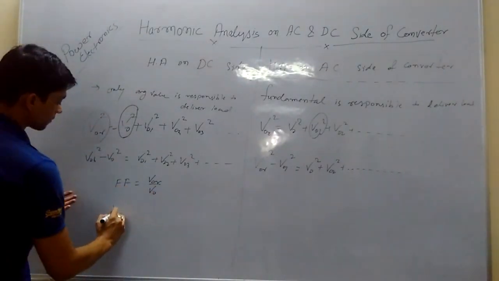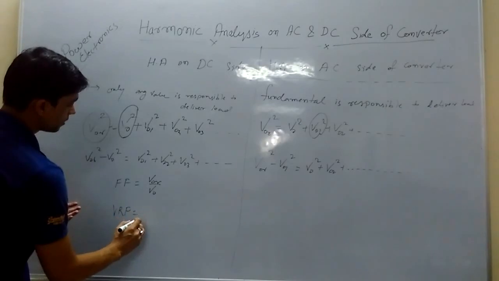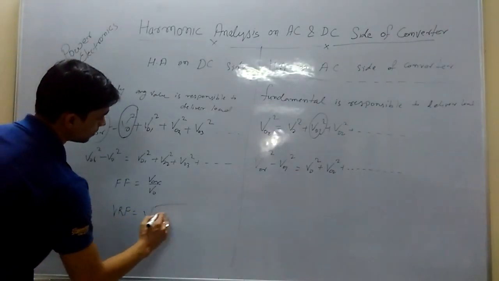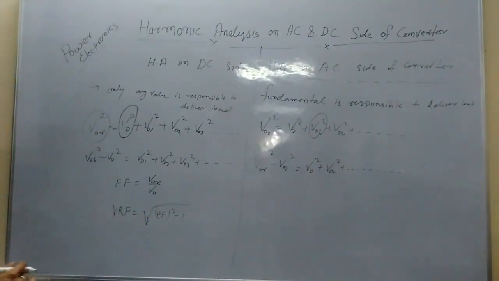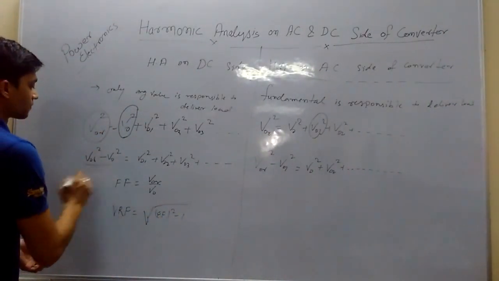From that, the voltage ripple factor can be defined as form factor square minus 1.